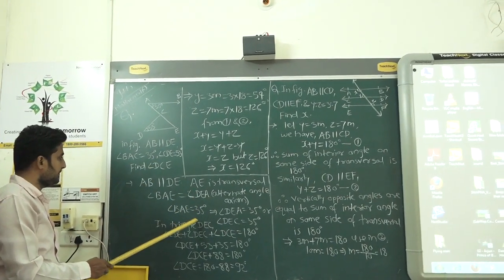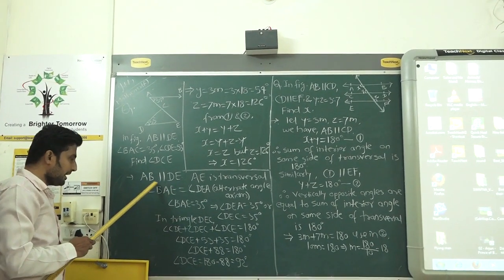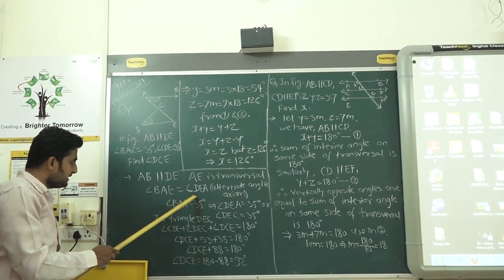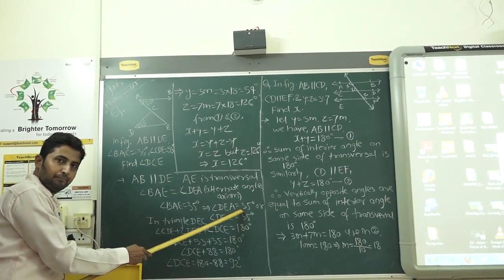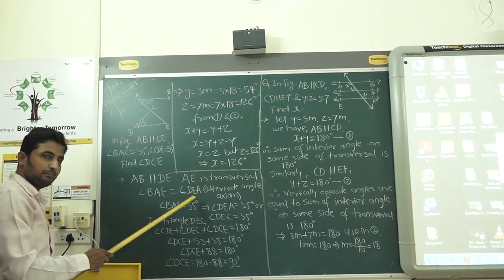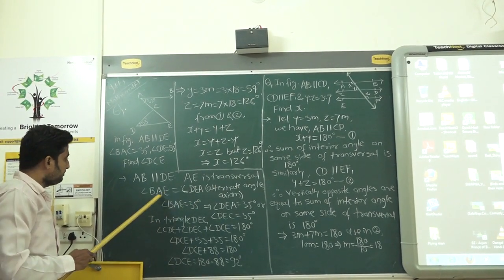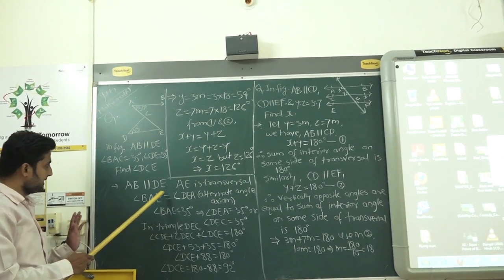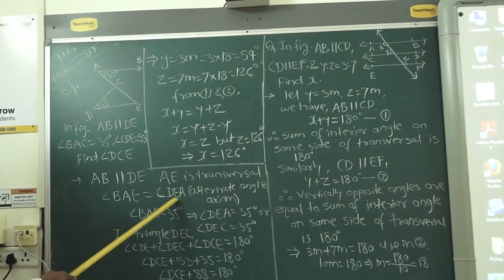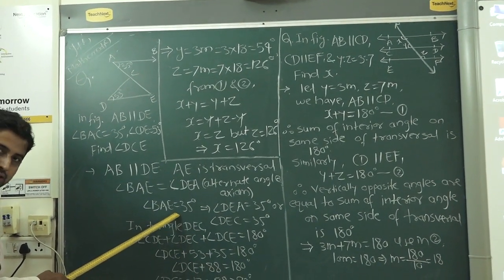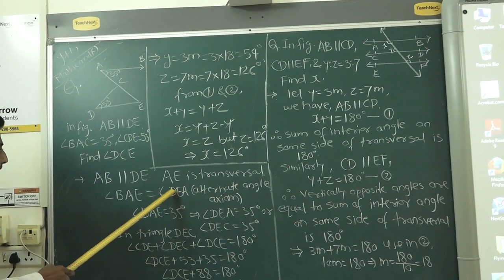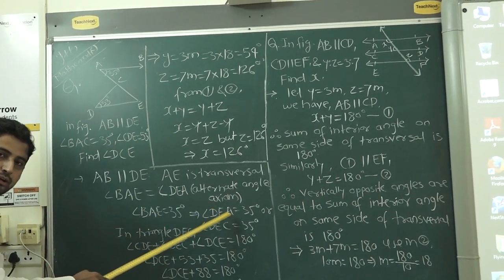If you know this angle BAE, it is clearly seen that this angle DEA is also 35 degree, right? Because we are equating them. If BAE is 35 degree, it means that angle DEA is also 35 degree.